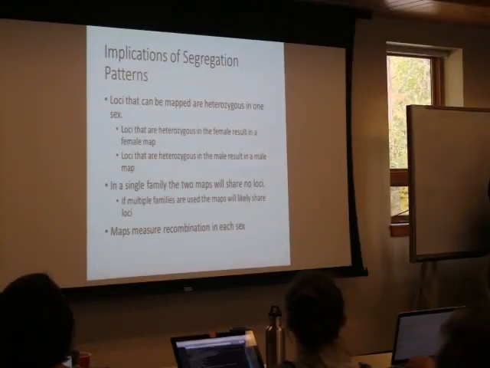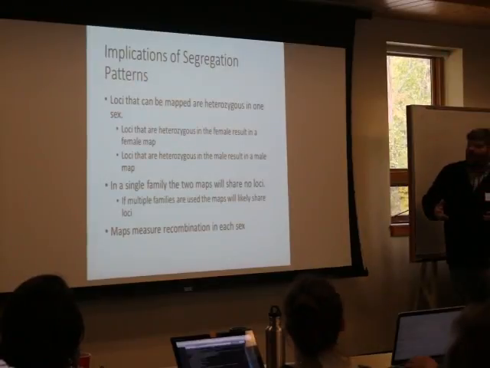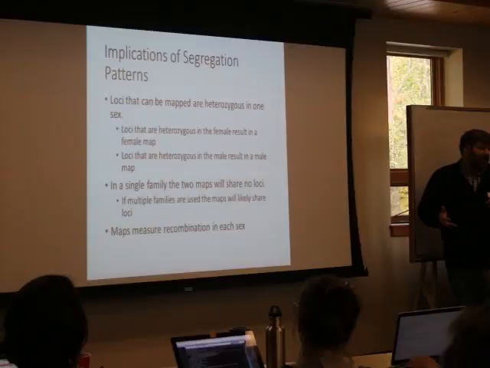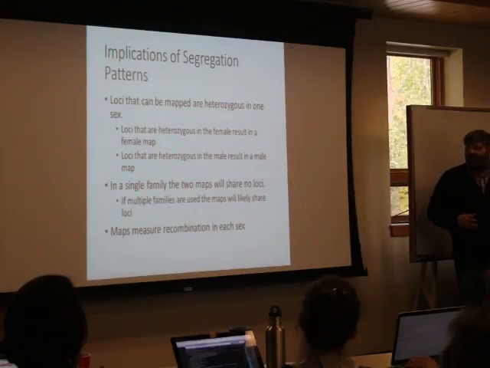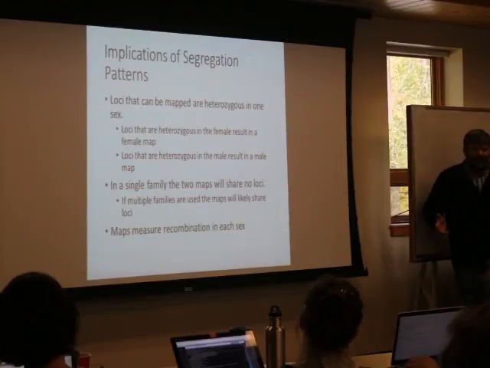This has really important implications for linkage maps. If we do a normal mapping family, with a female parent and a male parent, and look at the offspring, we look at loci that are heterozygous only in the female and heterozygous only in the male.